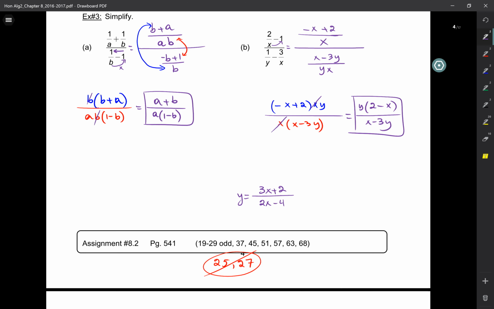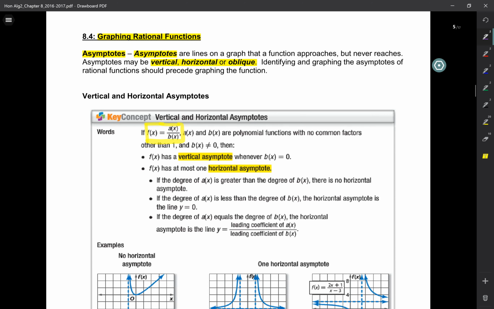Okay, now remember what a degree was, right? The degree is the highest exponent in an expression or in a function. When we talk about rational functions, let's first talk about what the vertical asymptote is. The vertical asymptote is all points where the denominator equals 0.